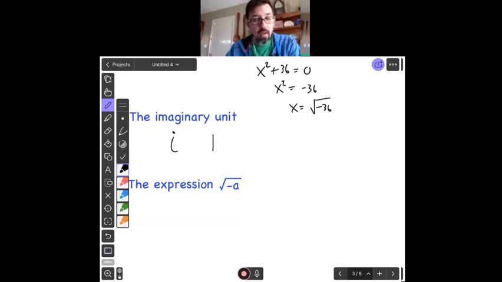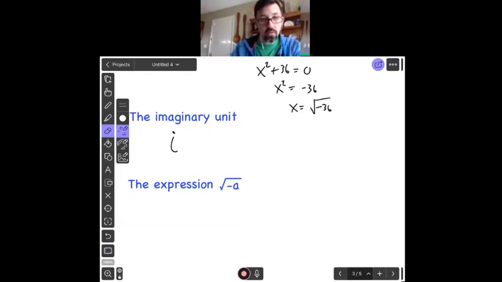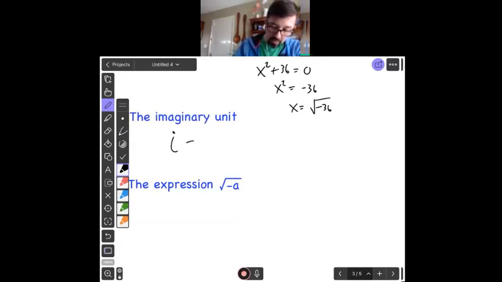I always write mine like a little backwards J. Even if you put a little dot over, that could get lost really easily. So there's always a little bit of a curve to an i when you see it written out. So that's something handwriting-wise you need to make sure you're dealing with. Okay, so that's the imaginary unit. And what i is equal to is the square root of negative 1.